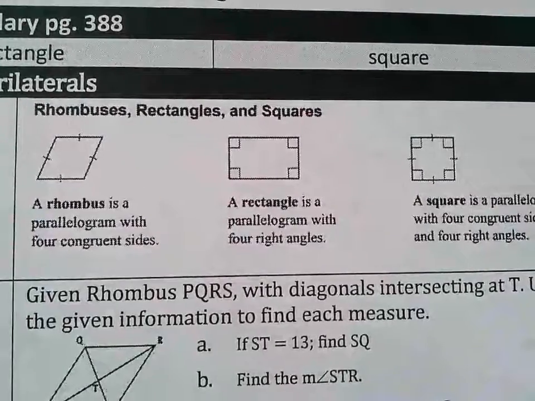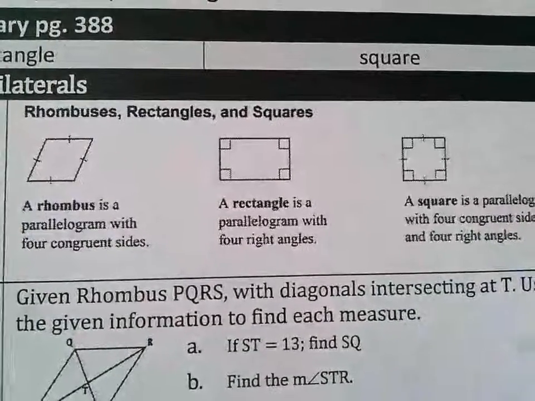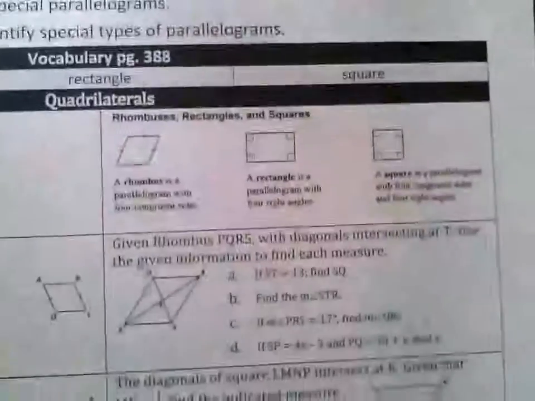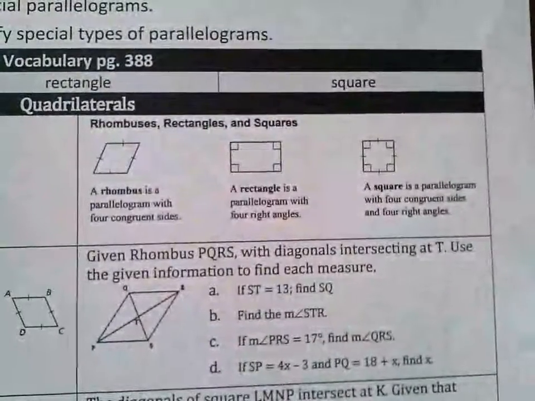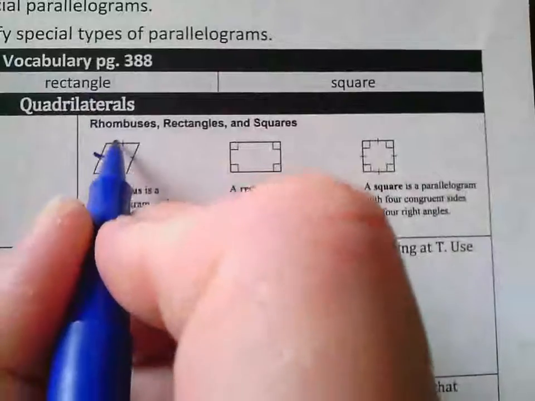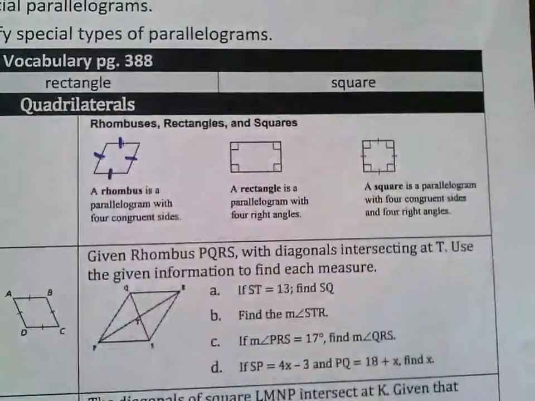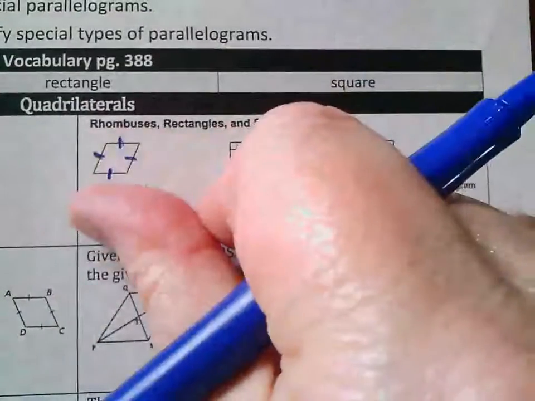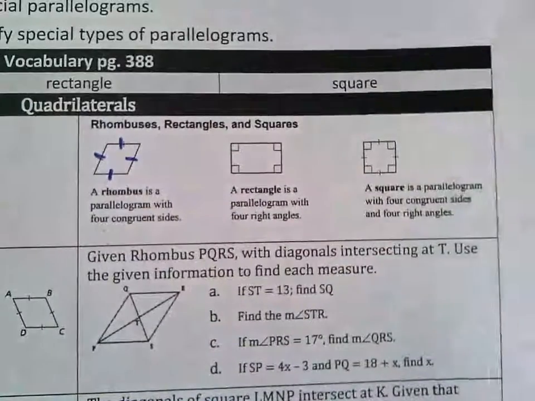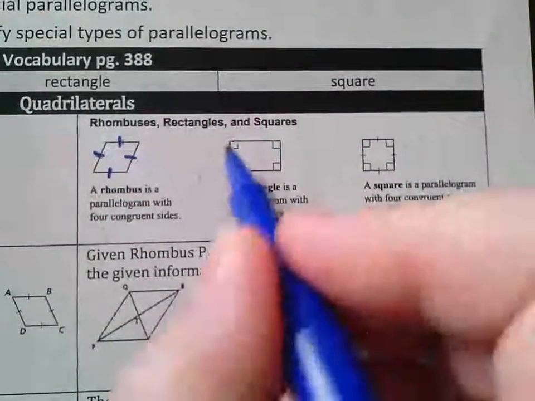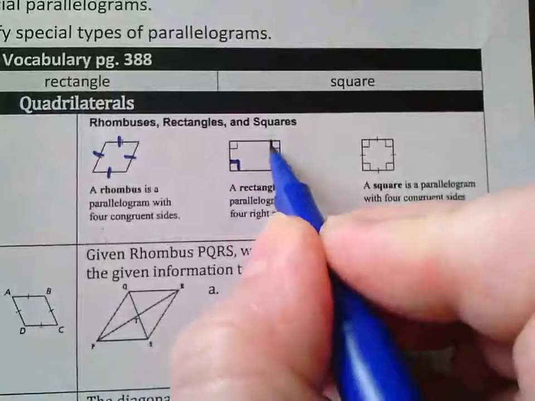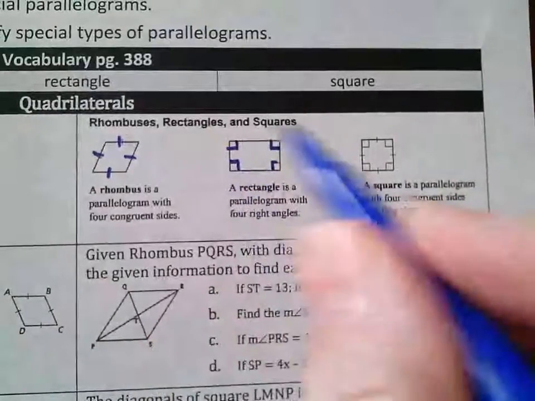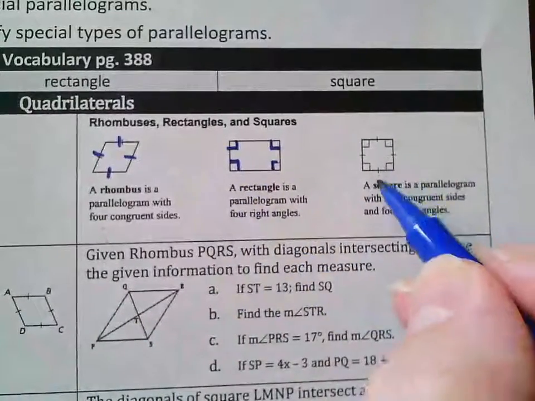A rhombus is a parallelogram. It has four equal sides. So four equal sides, so it's like a square. I like to call it a square on the edge because it kind of has a little bit of a tilt to it. Now, a rectangle is a parallelogram with four right angles. So all four right angles. And a square has both of these things.